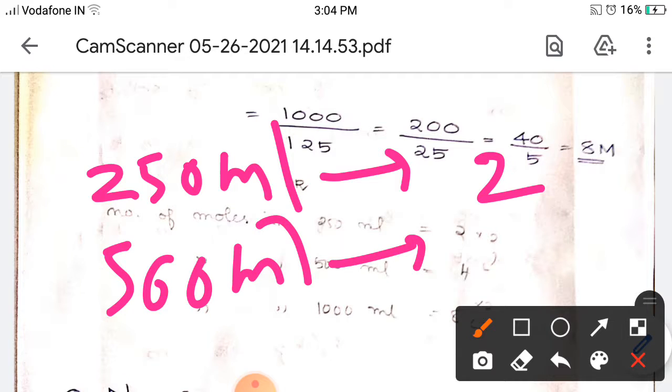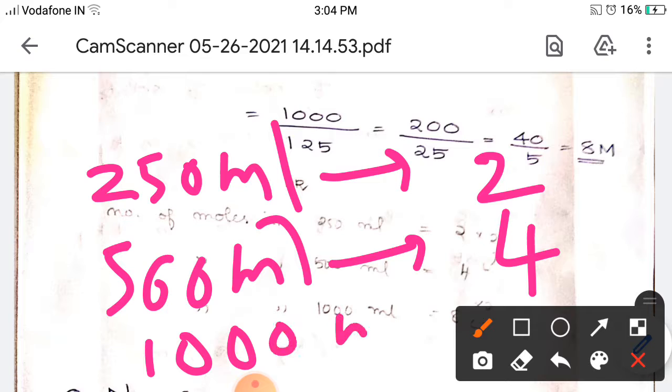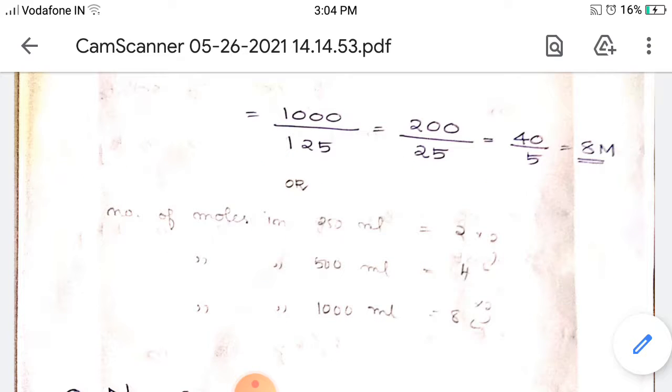It is double of 2, that is 4 mole. And in 1000 ml, how many moles are present? The double of 4, that is 8. Like this you can calculate the molarity of a solution.